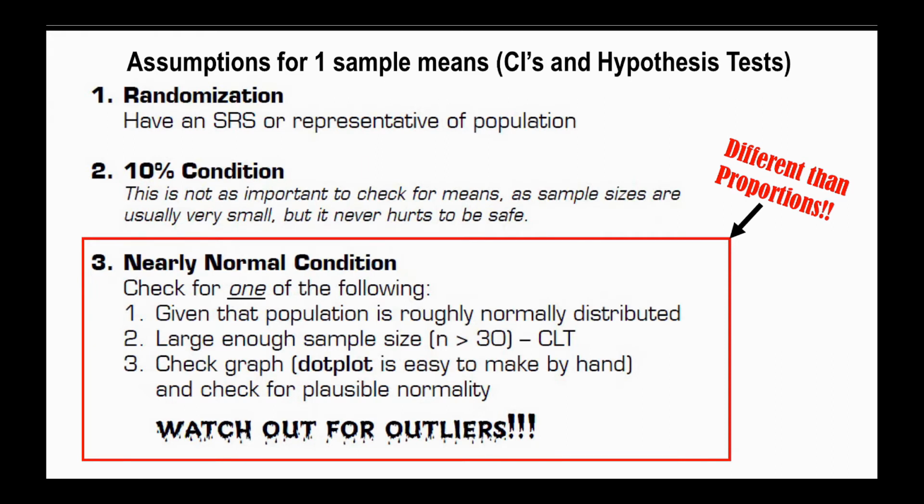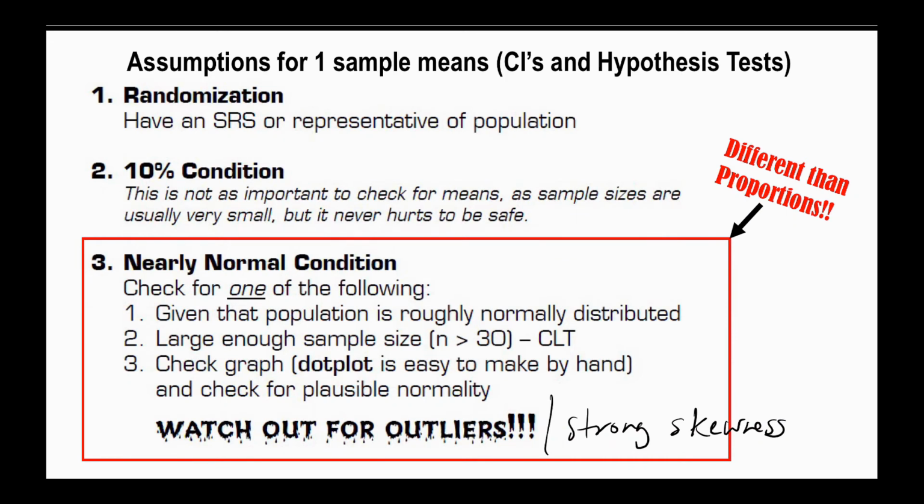This guy is: create a graph, either by hand or using the calculator real quick, and check for outliers or strong skewness. We can have skewness, but not strong skewness, things that are very skewed. Something is very skewed to the right if almost all of the data is on the low side and we have a few points on the right.